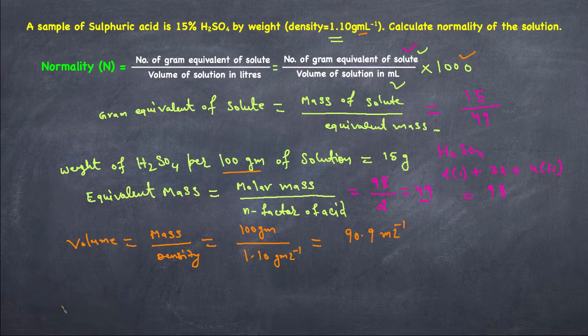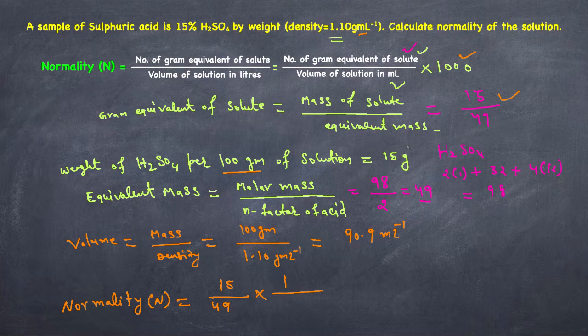So now normality of the solution in this problem is going to be equal to number of gram equivalent of solute, which is 15 over 49, divided by the volume of the solution in milliliter, which is 90.9, and we're going to multiply it by 1000.